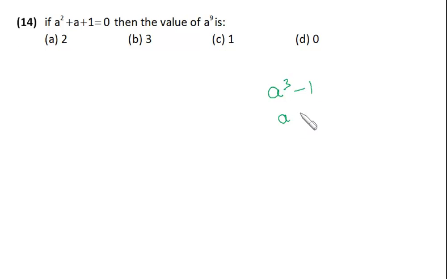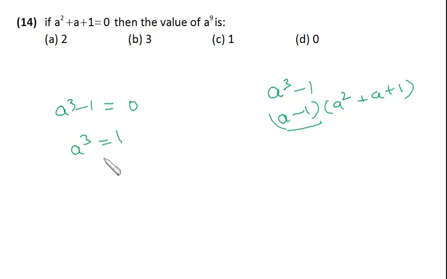A cube minus 1, the factors are a minus 1 and a square plus a plus 1, right? Now we have this but we don't have this, so we can multiply both sides by this. So we'll be getting a cube minus 1 is equal to 0 into a minus 1, that's further 0. So a cube is equal to 1, a raised to 9 will also be 1. Pretty simple.